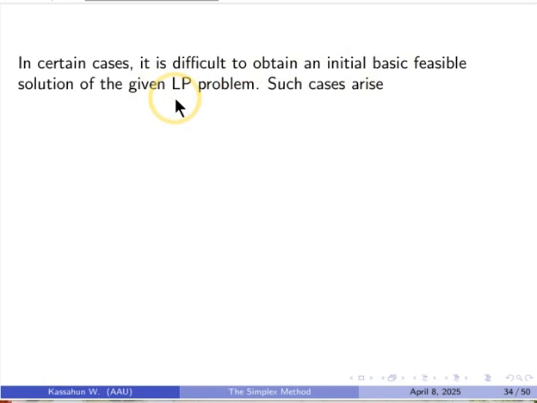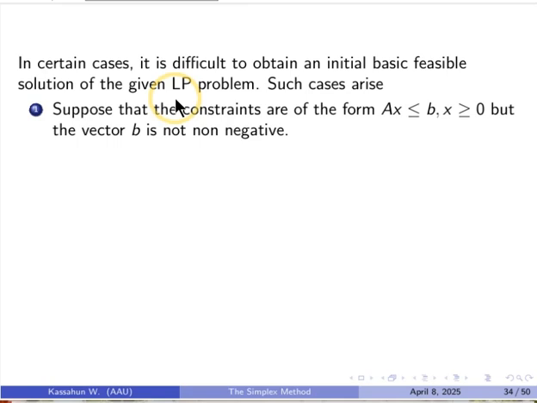Suppose that the constraints are of this form, but the vector b is not non-negative. In that case, you are forced to change b to non-negative, which changes the inequality. So you'll be forced to add surplus and slack variables together.